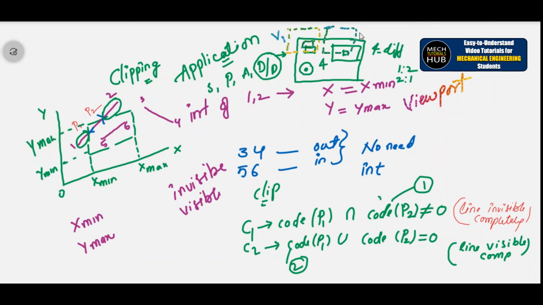Let us call this first viewport V1 and this V2. The image size of V1 may be completely different when you compare it with the image of V2. So for size and shape, here you can maintain an isometric view, here you can maintain the projections with different scalings, different colors, different dimensioning, different tolerances, or detailed drawings, and enlarged views can be shown.